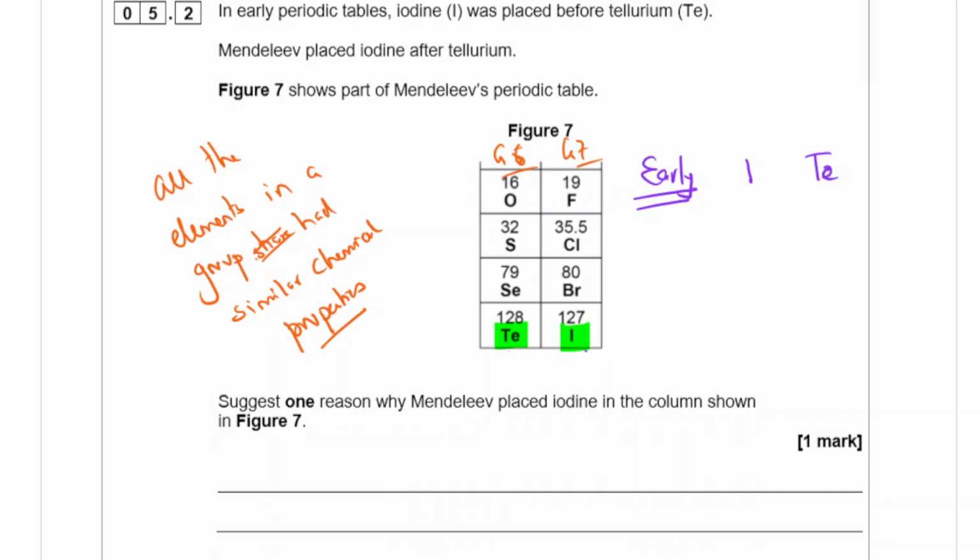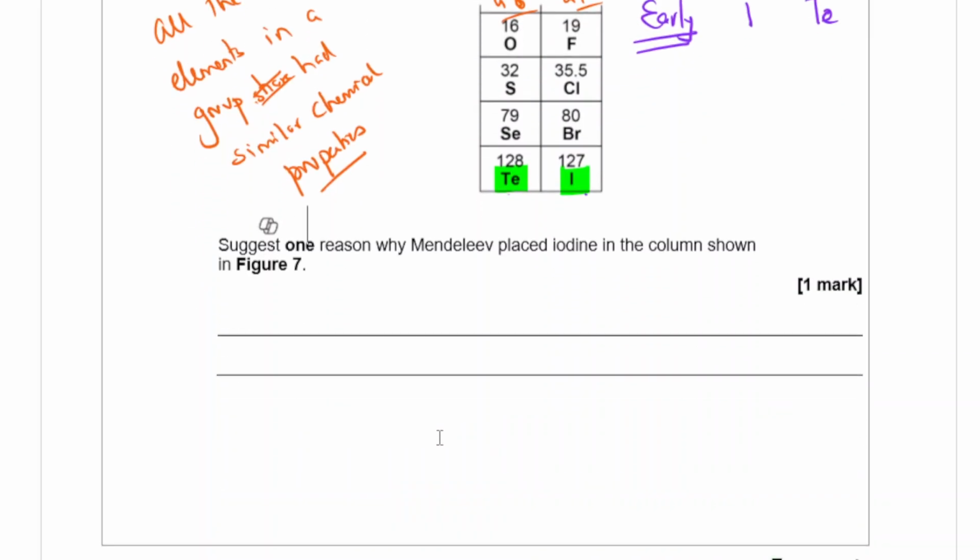So the reason he moved it was because iodine had similar properties to fluorine, chlorine, and bromine.